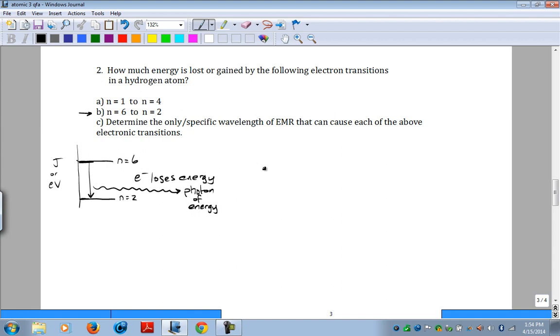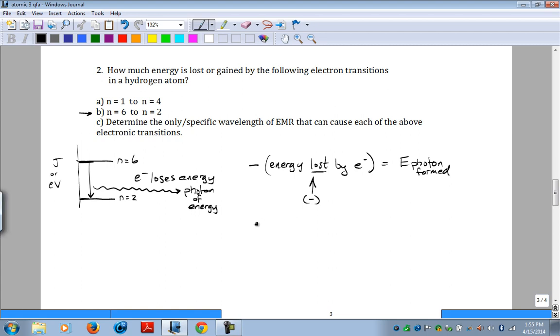So we want to write this out as the negative of the energy lost by the electron is going to equal the energy of the photon, or the energy of the photon formed. We're definitely getting a negative number here because it shows a loss of energy. So there's no way around that.